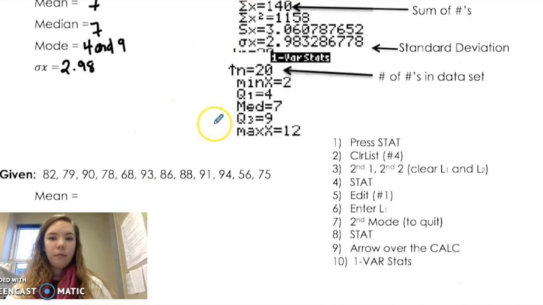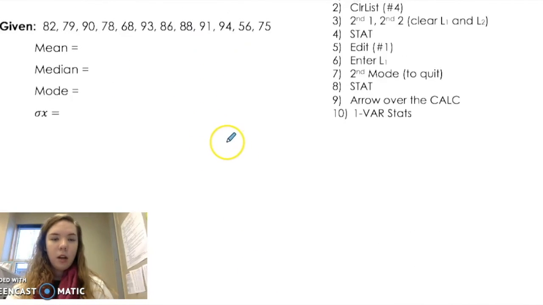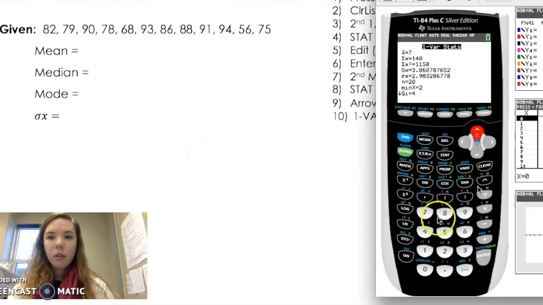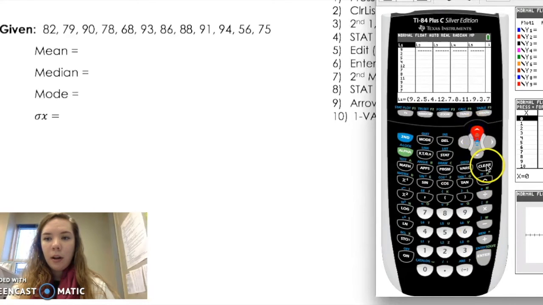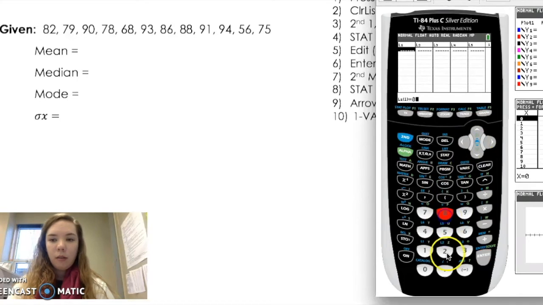All right. Now we're going to repeat this process with a new list. So I'm going to go back to my stat button and edit. I'm going to go up here and clear my list. And now I'm going to enter my new data.